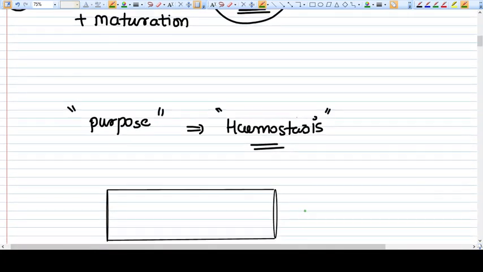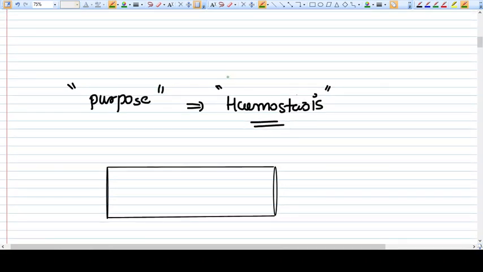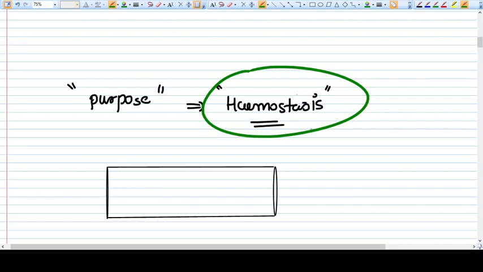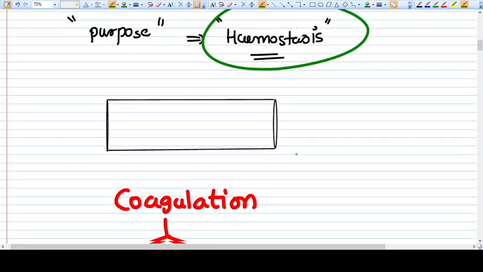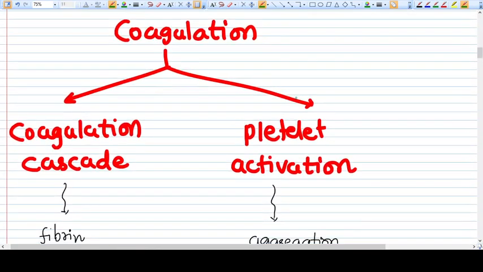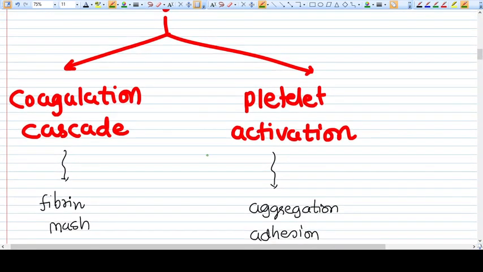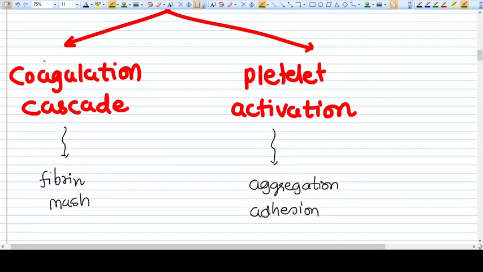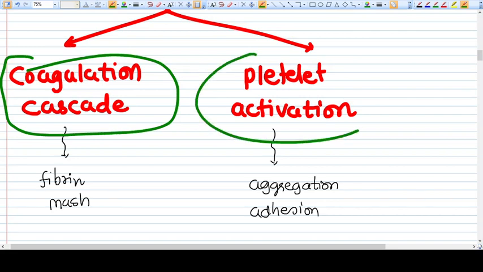Now, what is the purpose of coagulation? Hemostasis in most of the cases. Okay. Now, again, I have told you coagulation includes two specific processes: coagulation cascades and platelet activation.